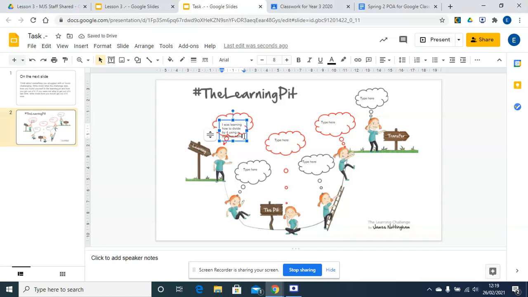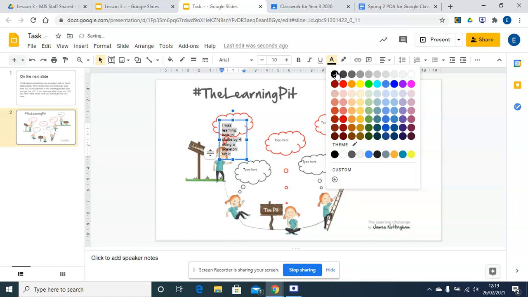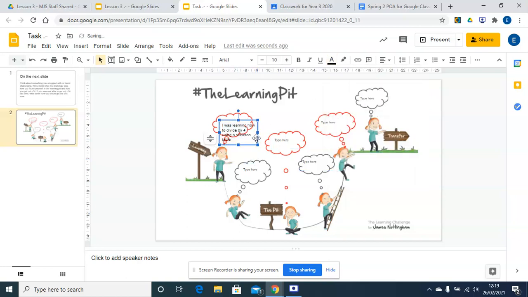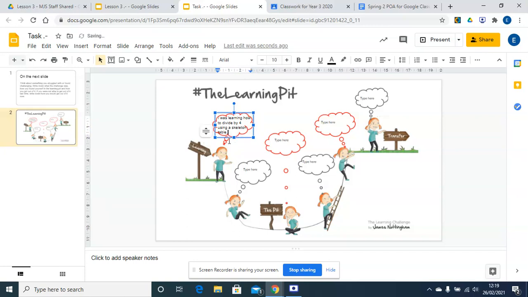Okay, I'm going to make this bigger because that is very small at the moment. Right, okay. So I was learning how to divide by 4 using a skeleton table. So that is what I was learning, okay? That's what we're going to start with.